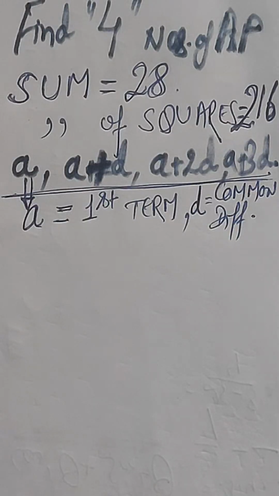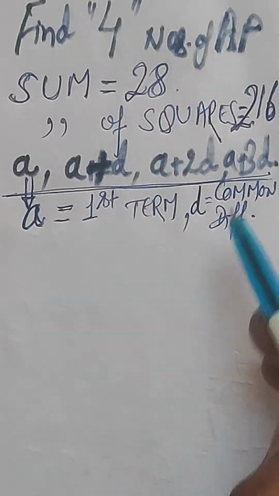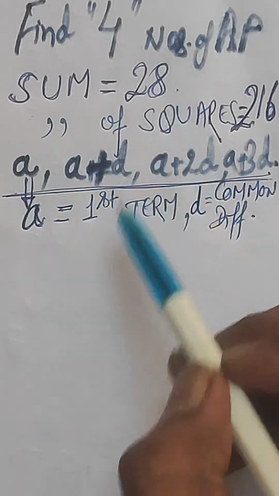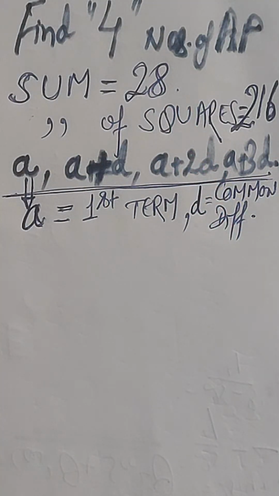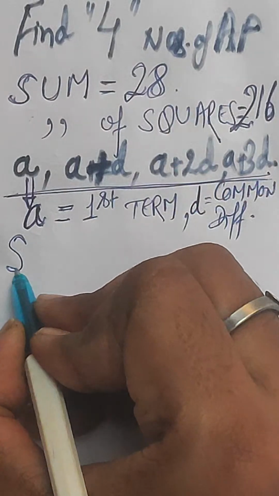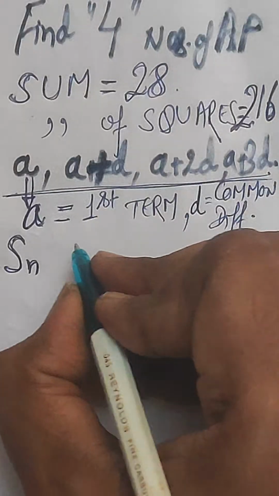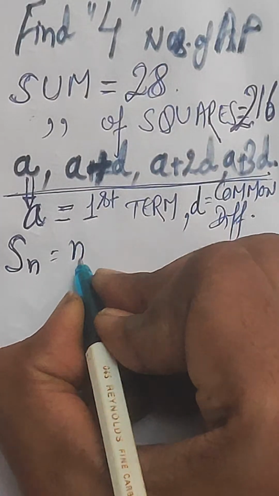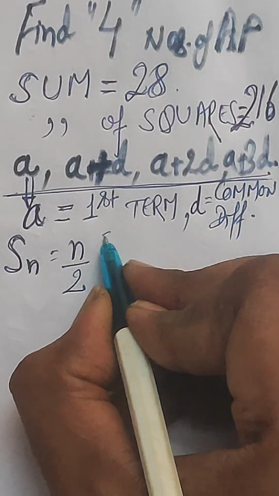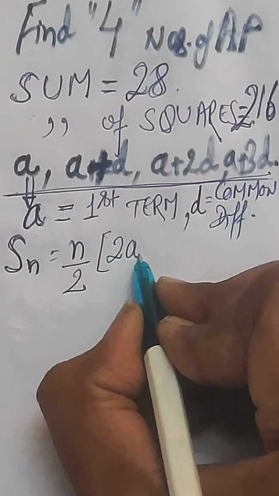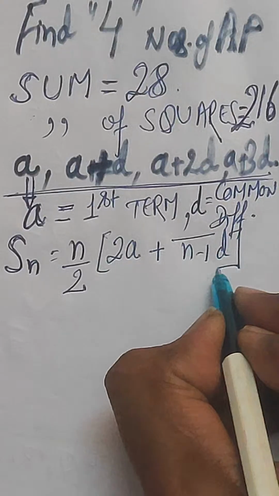Now students, in this case, what is the formula for the sum of n terms of an AP? The sum of n terms of any AP is given as n by 2 into 2a plus n minus 1 into D. Do you remember?